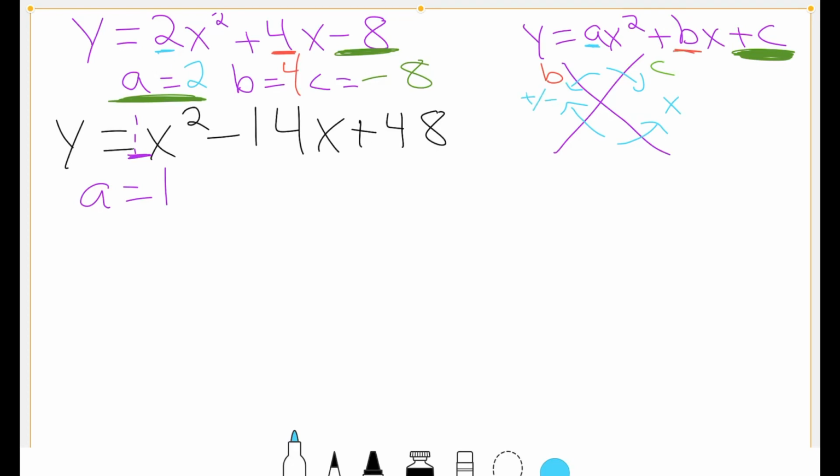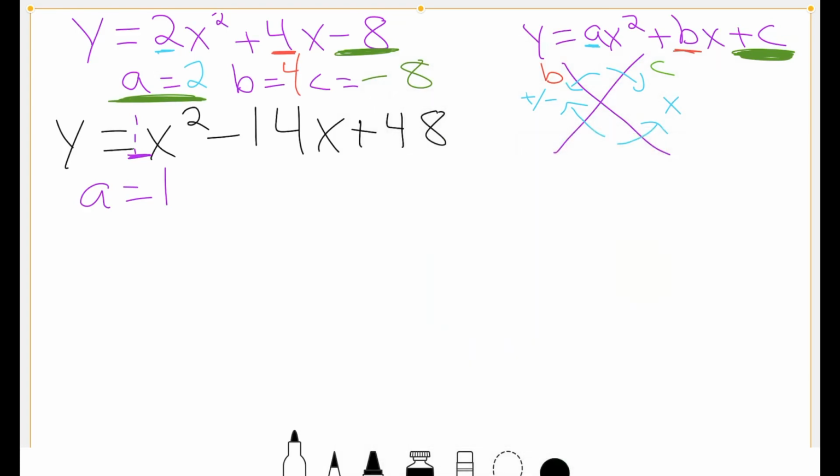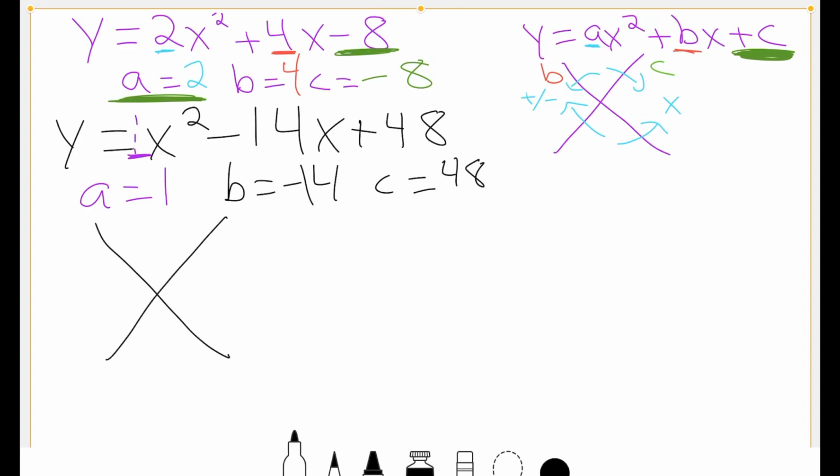So what does this look like? Well, in that problem that I wrote down, y equals x squared minus 14x plus 48, our a is 1, so that's why we're able to use our big X method right now. Our b is negative 14, and our c is 48. So in our big X, we'll have negative 14 and 48.